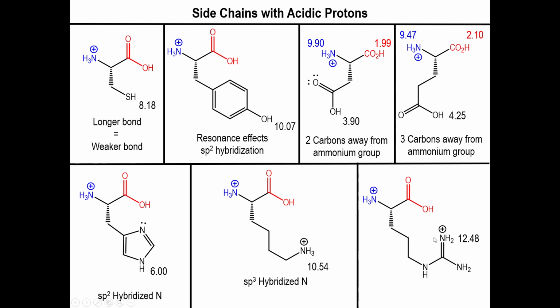But compare that to arginine, which has this guanidinium chain. This has the highest pK out of all the different side chains and all the amino acids, period, because you have resonance engaged thoroughly in this side chain via electron donation. And then that allows you to ultimately make this proton really get stuck on the nitrogen as a result of increasing the electron density right around that NH group.